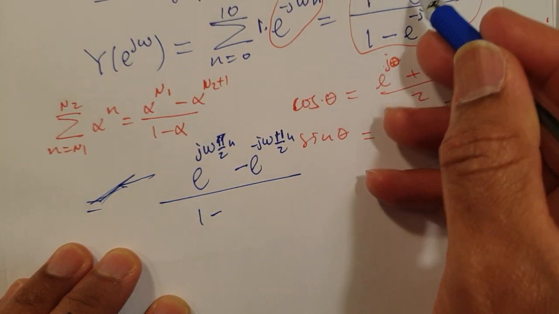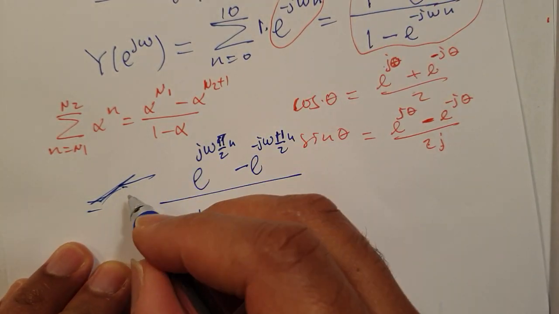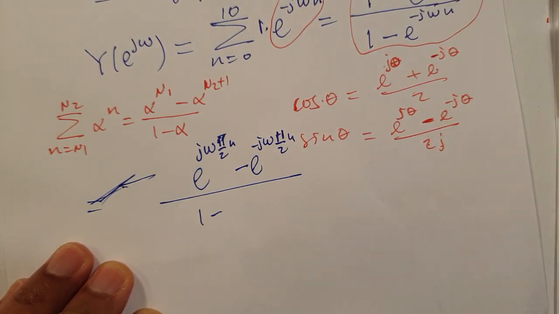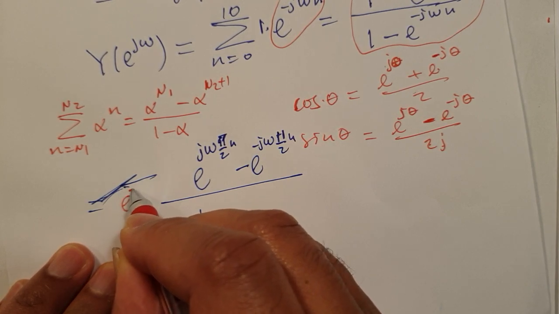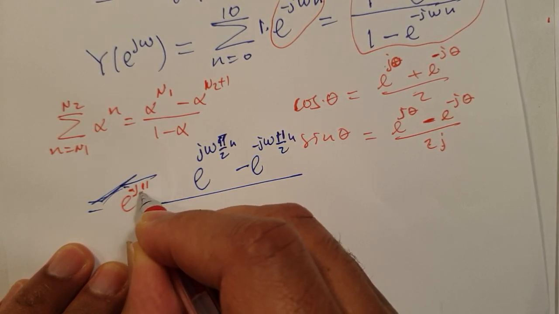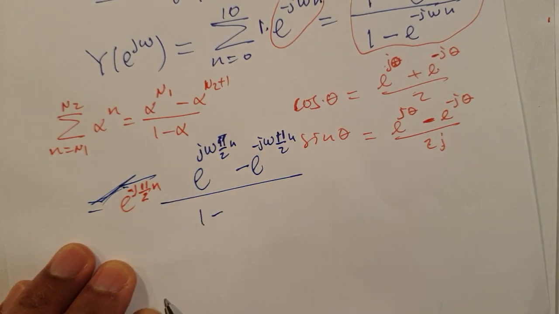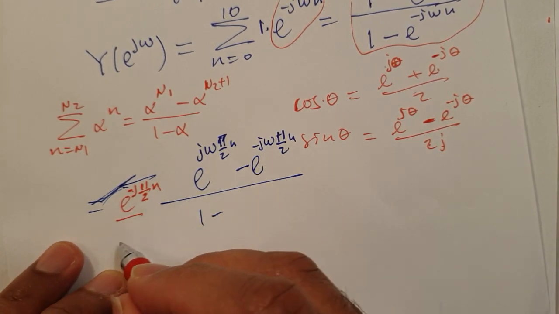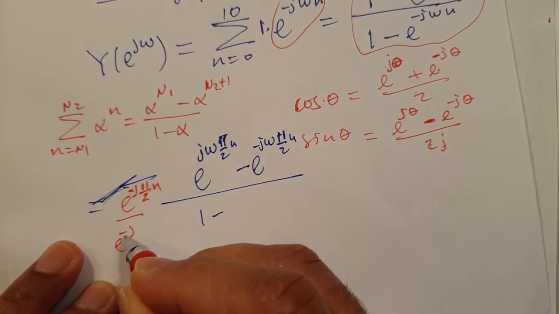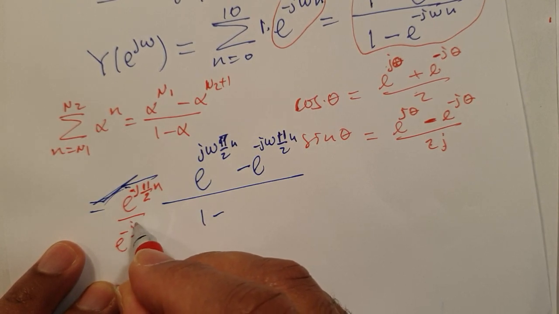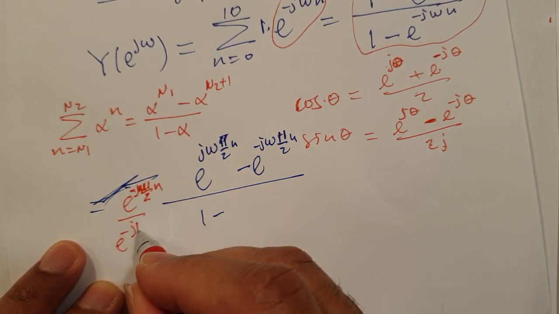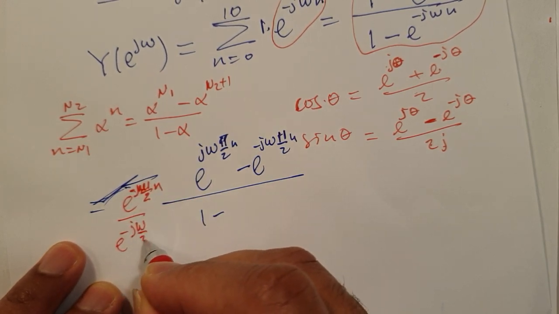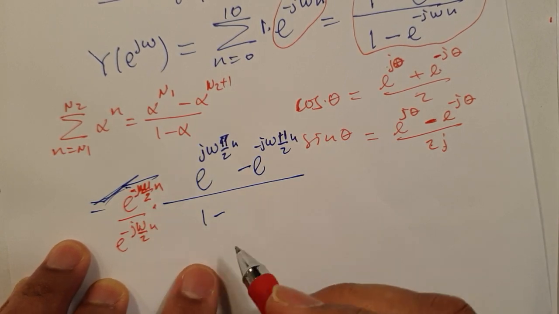I'm halving this so that I could put part of it here, but then I would factor out the other half, which is e to the minus j 11 omega divided by 2. And here I will do the same, but the half that will come from here is just e to the minus j omega divided by 2. Yeah, that's simple.